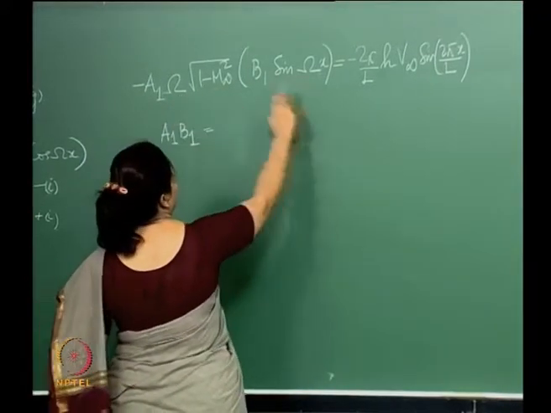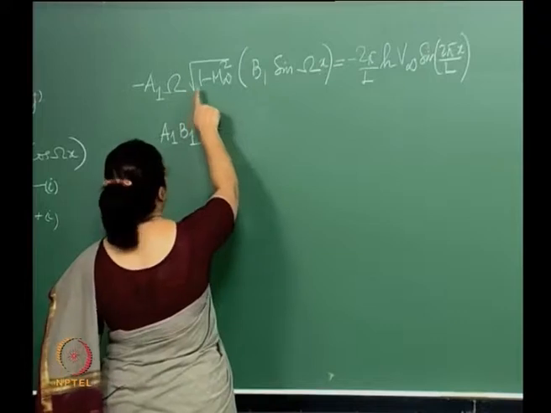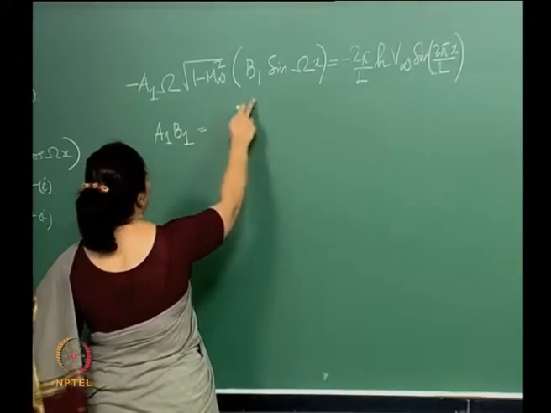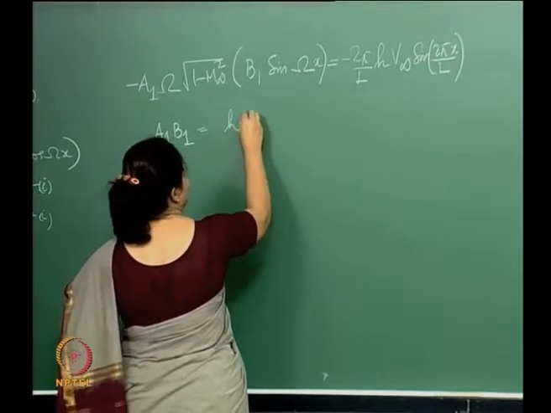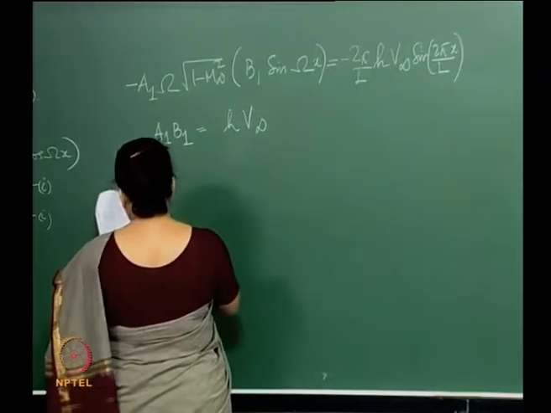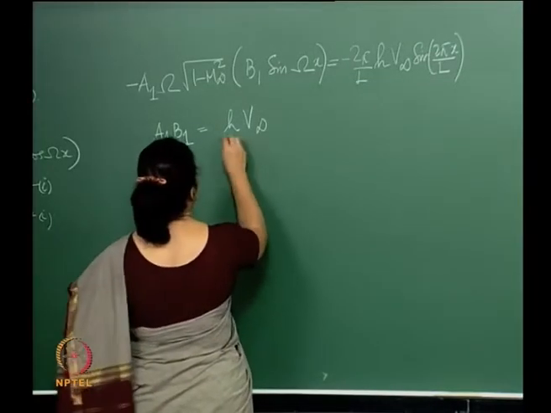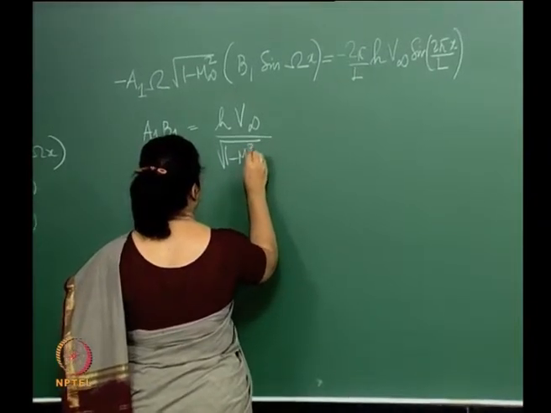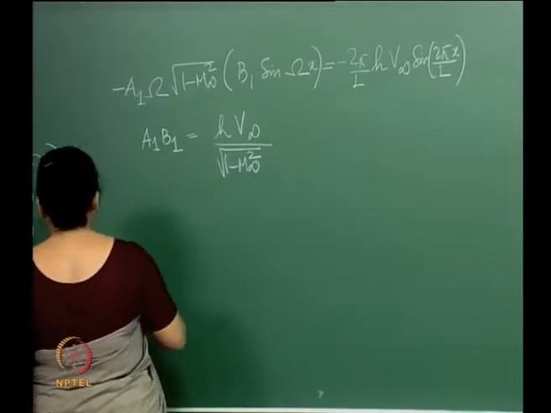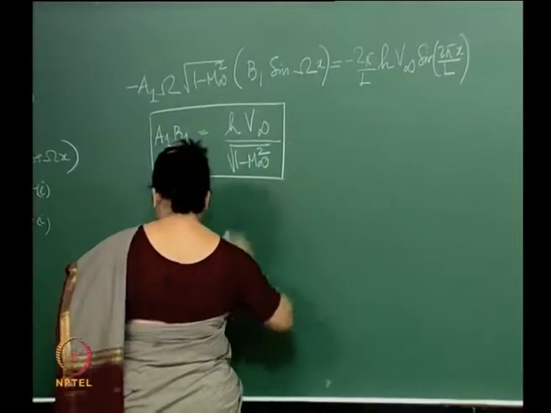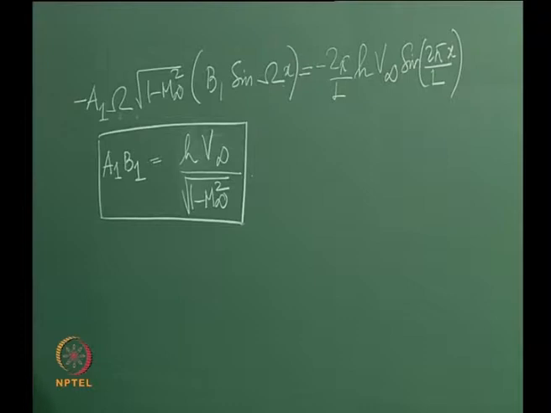2 pi by L, so that goes off. Omega is equal to 2 pi by L, so that cancels out. So what we get here is H phi infinity. Right, so this is what we get from here. So let's look at this one more time.